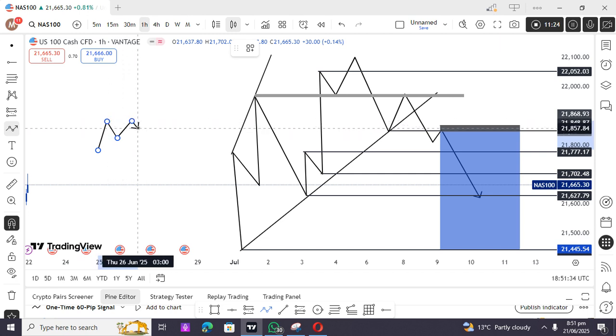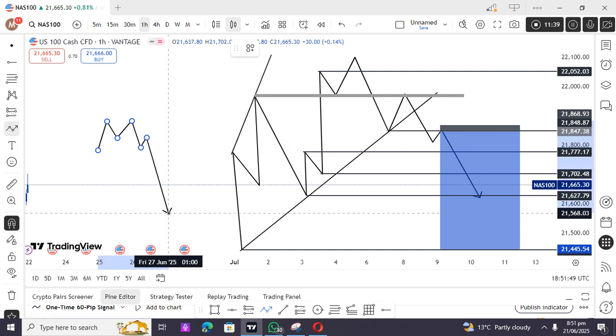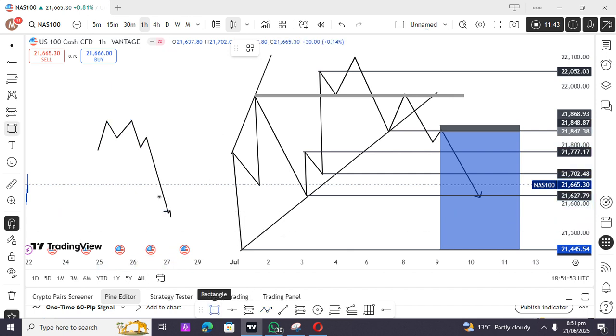Understand? This is something that happened in gold, but I will show you later. Don't enter here. Just wait for the market to open another candle if you want to enter on the second tap. But the safest thing is to wait for the market to break and retest the neckline. Then you're good to go for the buys.